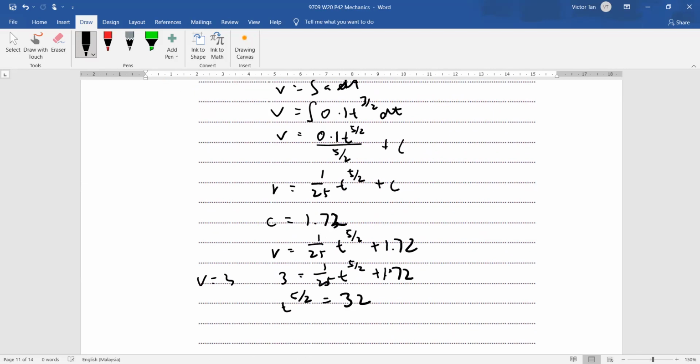Get an exact value here, t equals 4. Okay, when you get an exact value, definitely it is right.